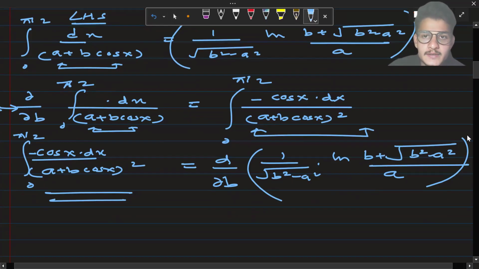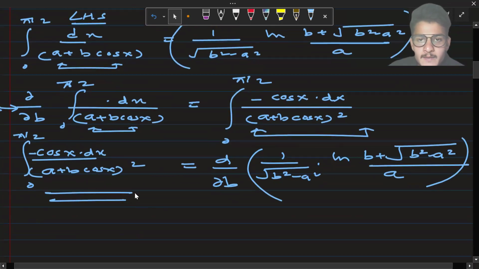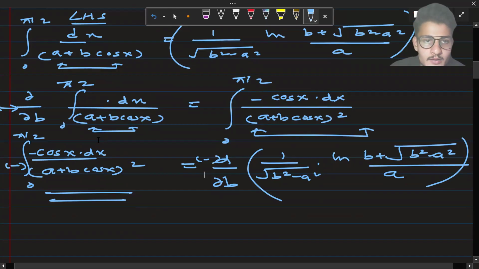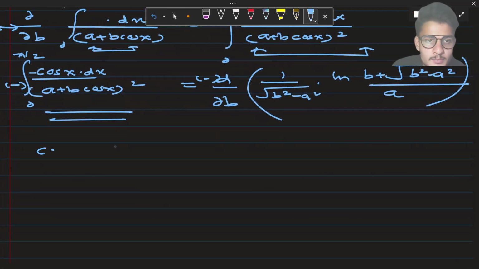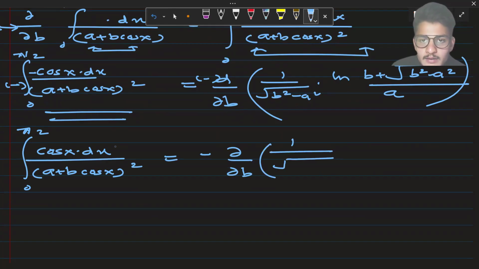Minus cos x dx. Okay, we have seen previously that when we differentiate dx upon a plus b cos x, we receive as the answer minus cos x. But we want the plus, so we will multiply minus signs at both places. So when we multiply the minus sign at both places, the integral of cos x dx upon a plus b cos x whole square from 0 to pi by 2, we will receive minus d by db of this one.